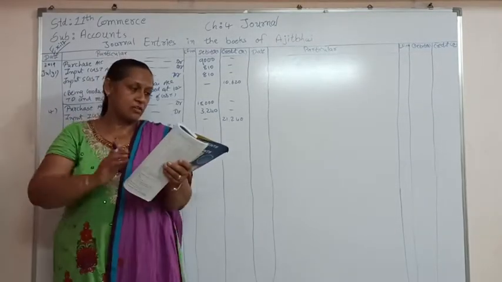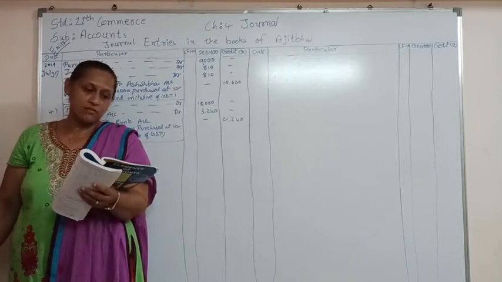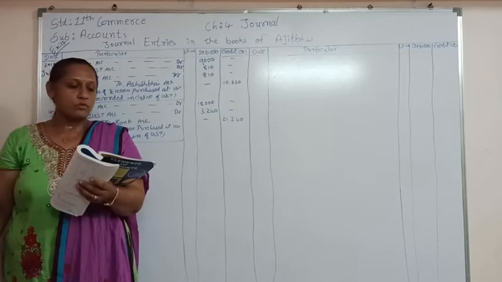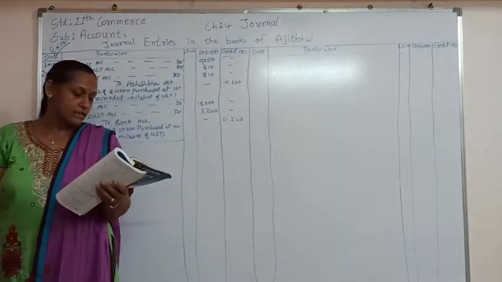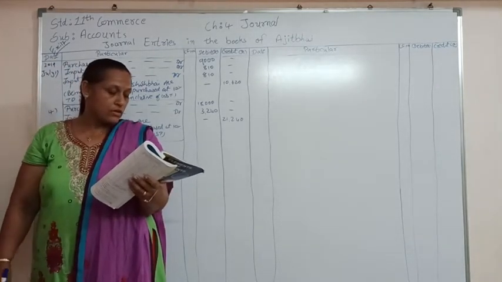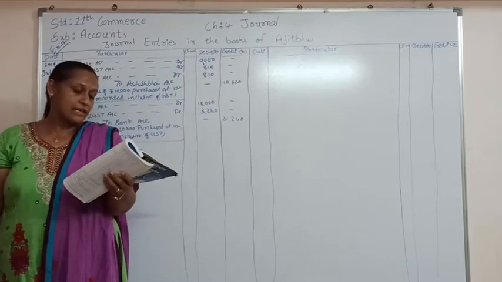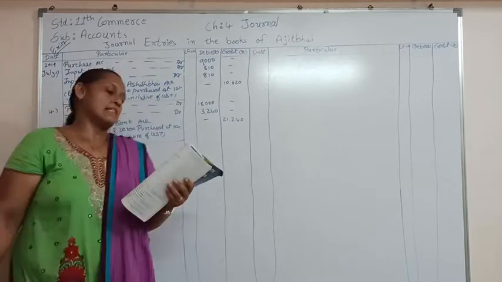Now let's see the next transaction of date 7. Goods sold of rupees 15,000 at 10% trade discount to Piyushbhai of Palanpur. The payment is received through cheque. So here we have sold the goods, and for that we are going to receive the cheque. So bank account debit, to sales account, to output CGST, to output SGST.